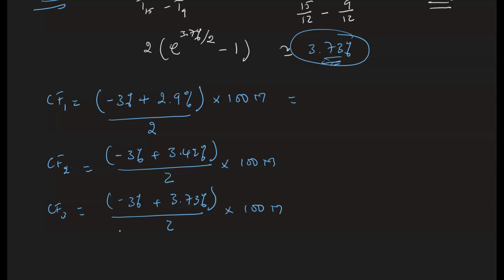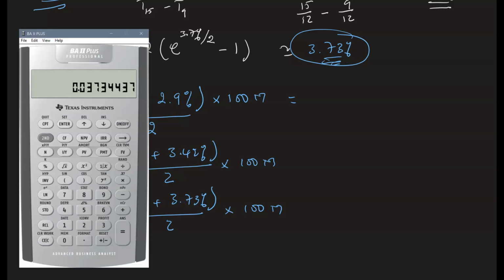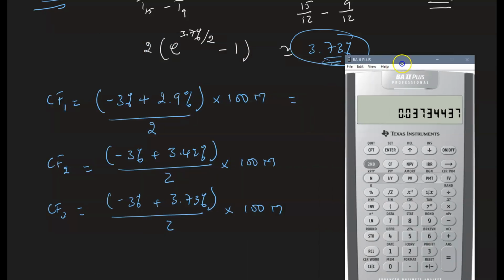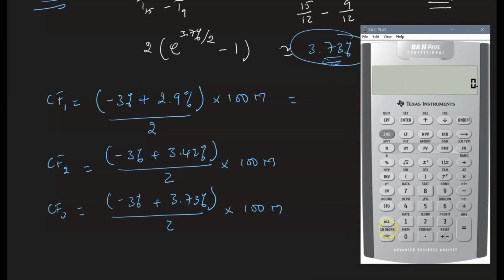So what do we have for each one of the cash flows? Now, the cash flow 1, I'm going to move that calculator here, is going to be the following. 3 minus plus 2.9 equal, divided by 2 equal, that's a percentage, so we're going to do percentage and multiply by 100, so we essentially have the same amount as 0.05.